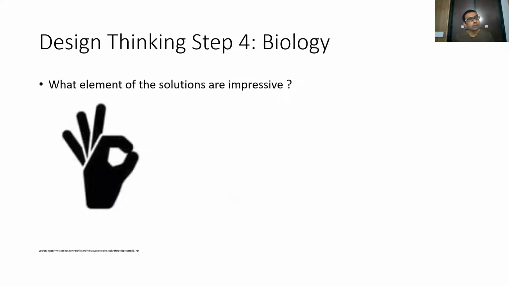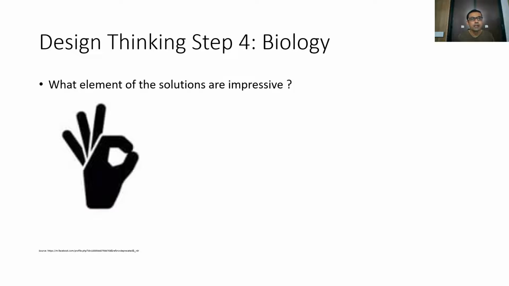Because we need to show the business people the customer feedback saying that okay, this particular thing that you have in your prototype is impressive, it is very useful for me. Those kinds of feedback we also need to share with them so that they can understand, okay, in the full product or the full solution, maybe this particular part is liked by most of our customers.